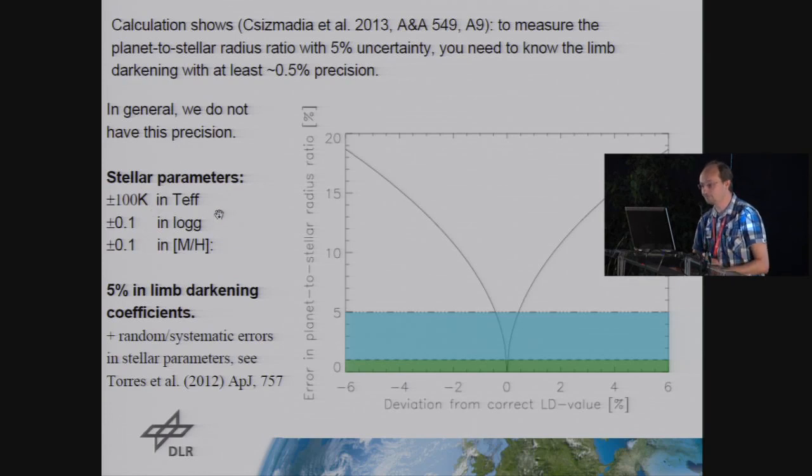And the second problem is that to measure the planet-to-stellar radius ratio, let's say with 5% uncertainty, we really have to know the limb darkening coefficients with a precision of about 0.5%. But if we propagate the stellar parameter errors into the prediction of the limb darkening coefficients, we already have a 5% error in the limb darkening coefficients. So it's a bad idea to fix the limb darkening coefficients.